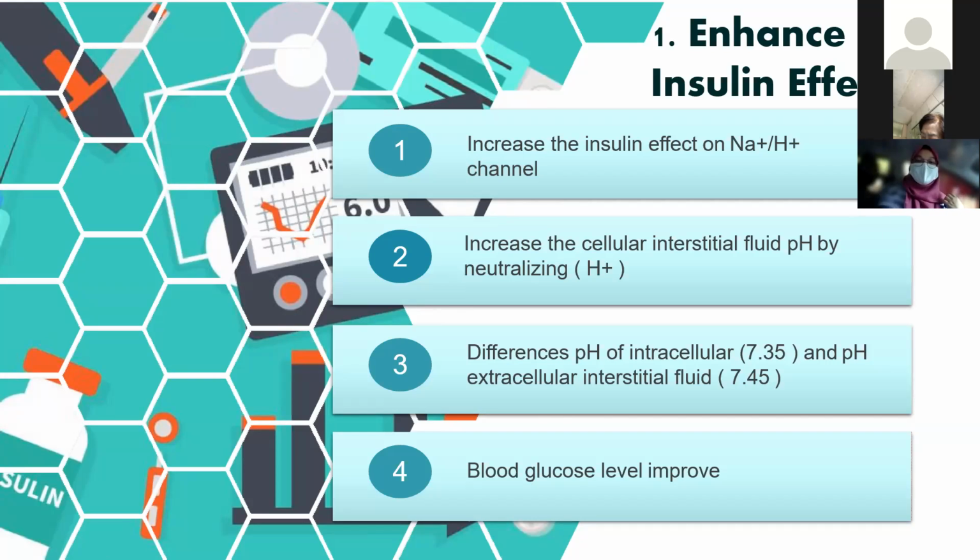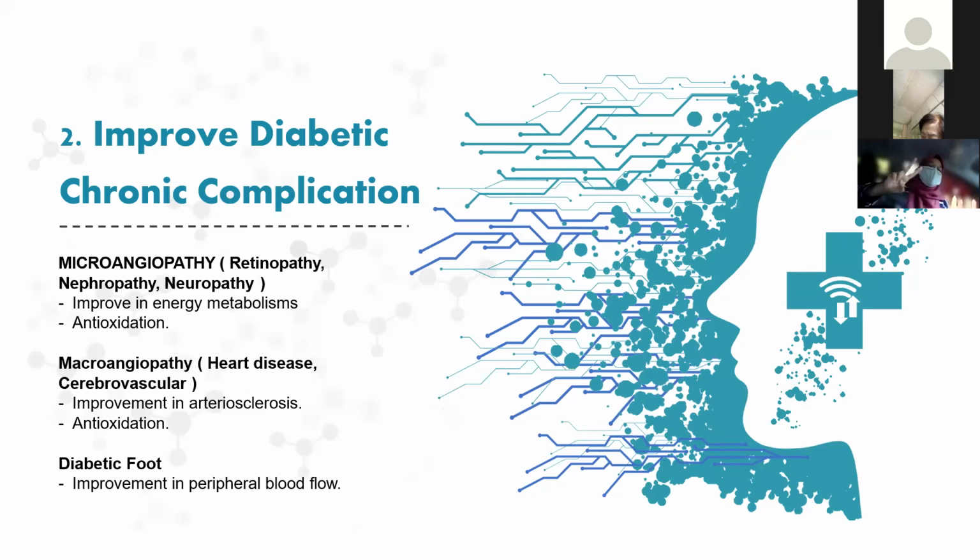Second, this is a very important one. Reducing electrotherapy can improve diabetic chronic complications. That means like the wound, remember just now, the wound in the legs or on your hand, it will heal faster. I simplify it in 3 terms, which is microangiopathy, macroangiopathy, and also diabetic foot.